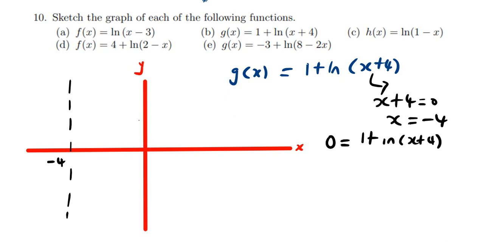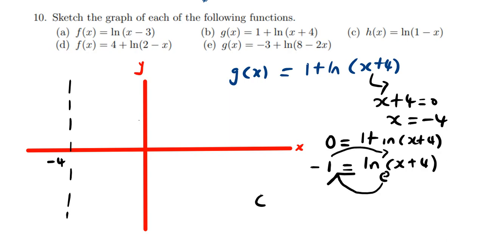When you solve that, the 1 goes to the other side, so negative 1 equals natural log of x plus 4. Now natural log has a base of e, so the base will get this as a power, and negative 1 will equal what is in the bracket. So we have e to the power negative 1 equals x plus 4.